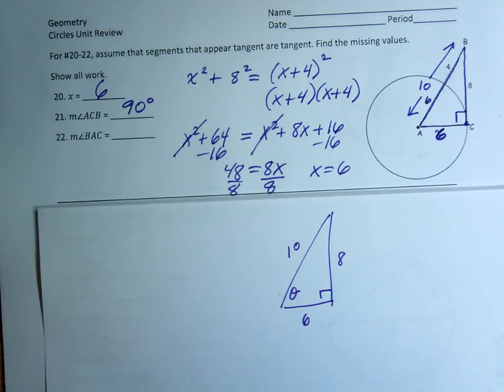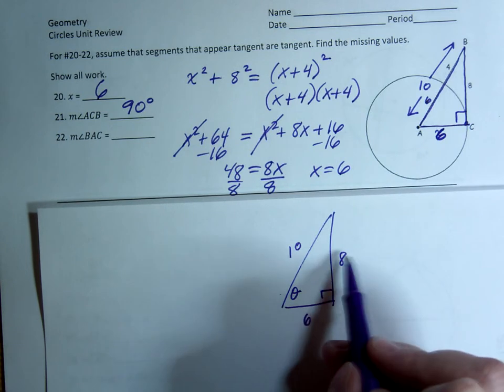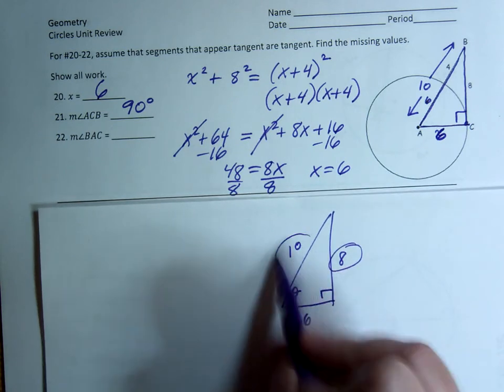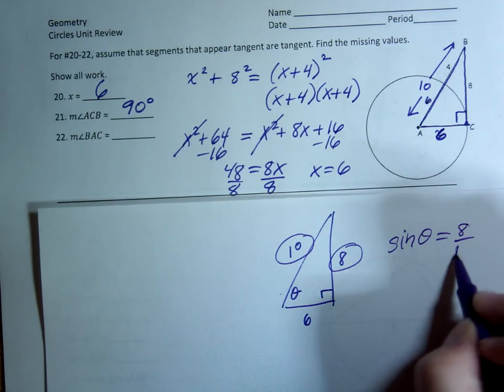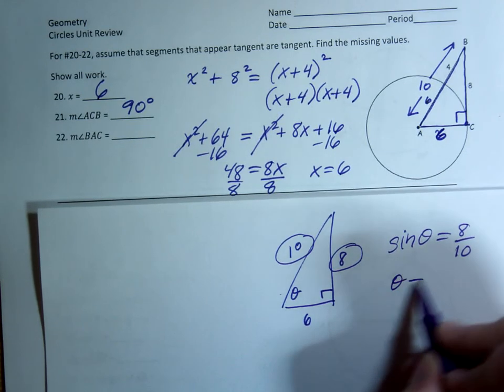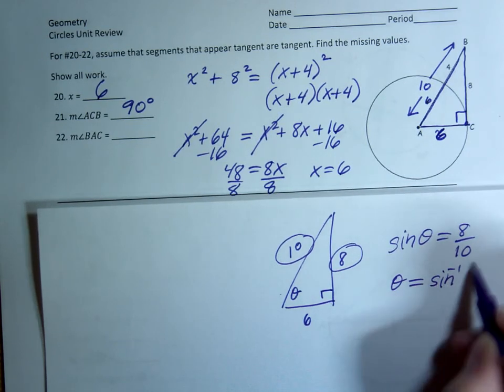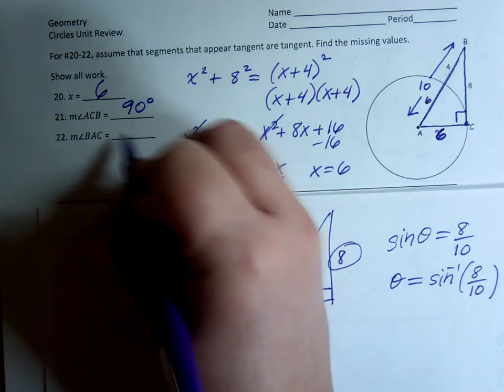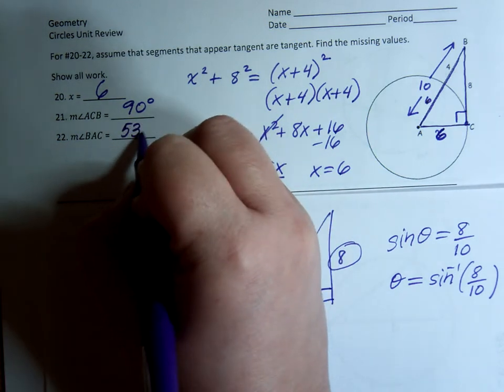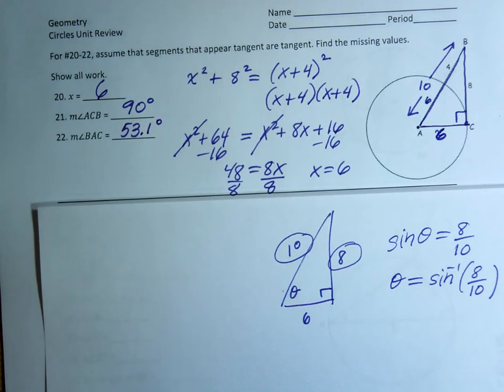So I could really use anything I wanted, tan, sine, cosine. I'm going to use sine. Sine is opposite over hypotenuse. So sine of theta equals 8 over 10. That means that theta will come from doing the inverse sine of 8 over 10. And when I do that in my calculator, and you could reduce that if you wanted to, it wouldn't hurt anything, I get 53.13 degrees. So let's call it 53.1 degrees.